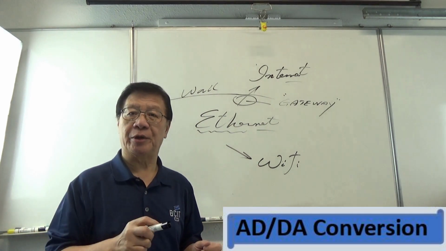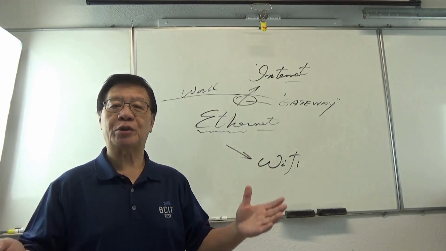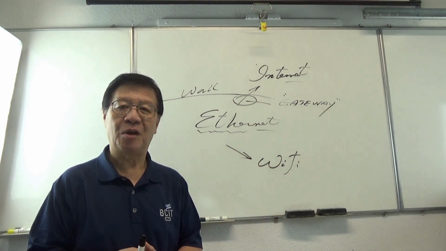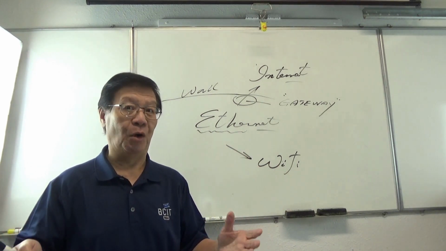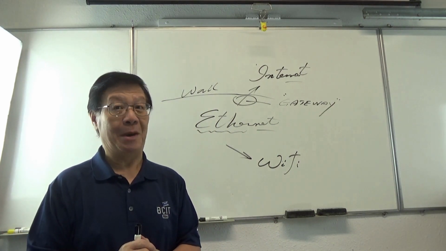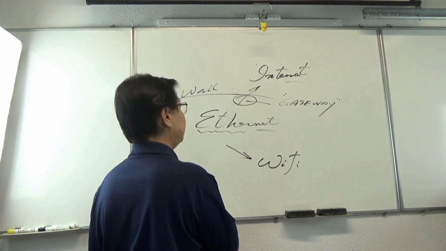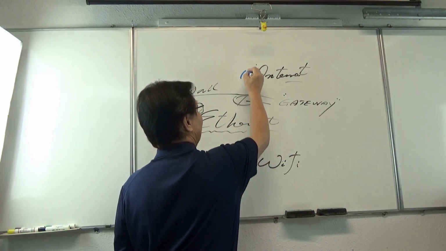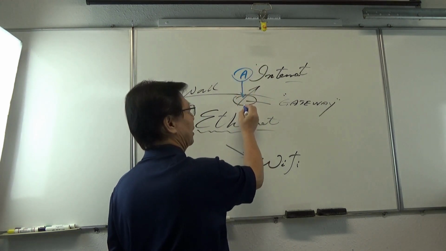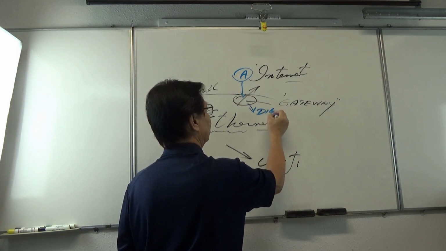Remember in the last series, the digital system, I explained what a digital system is, why we need a digital system, why computers know only the binary system. Remember? Okay, good. So from here to here, an analog signal comes in, and then a converter turns it into a digital signal.